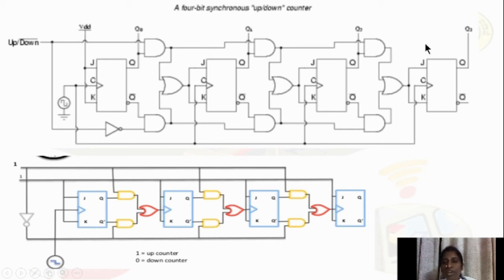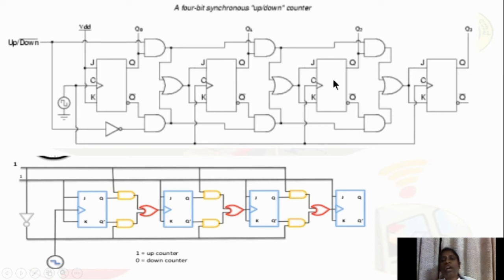Jointly both the up counter and the down counter should work, either the up counter or the down counter. For that purpose, either this should work or this should work. We have attached an OR gate here in between these up and down AND gates, depending upon the signal called up/down bar.